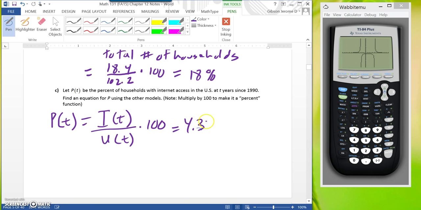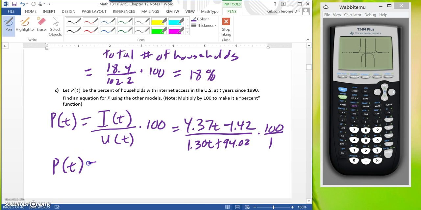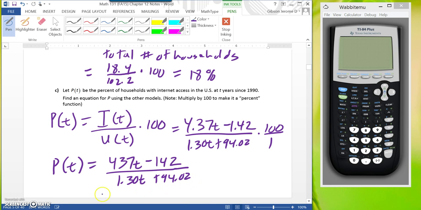So it'll be 4.37t minus 1.42 all over 1.30t plus 94.02, multiplied by 100 over 1. That gives us P of t equals 437t minus 142 all over 1.30t plus 94.02. And that is it for this problem.